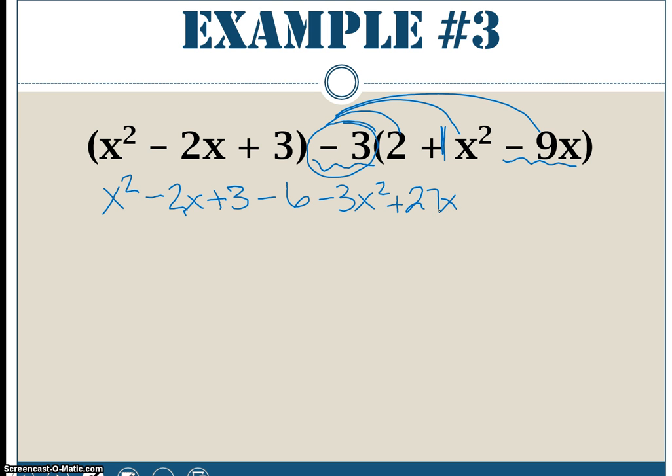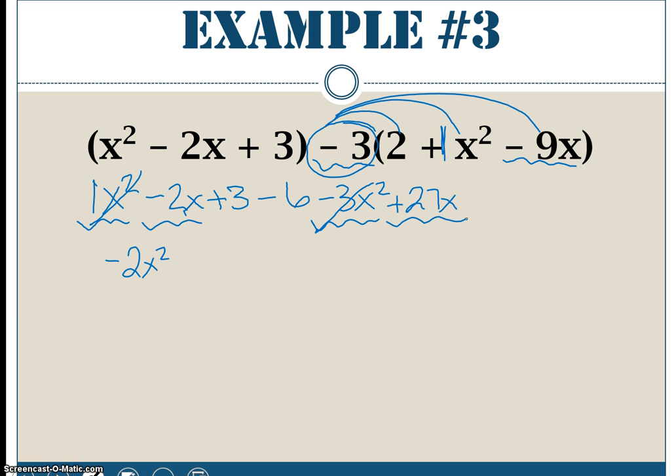Now we're going to combine like terms. This is a 1x squared. We're looking for other x squareds. Watch your sign here. It's a negative 3x squared. So 1 and negative 3 make negative 2. Keep the x squared. Then I've got a negative 2x and a 27x.